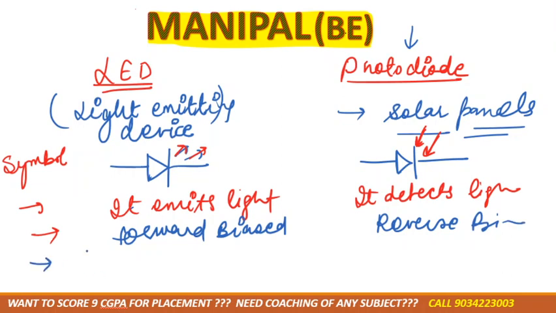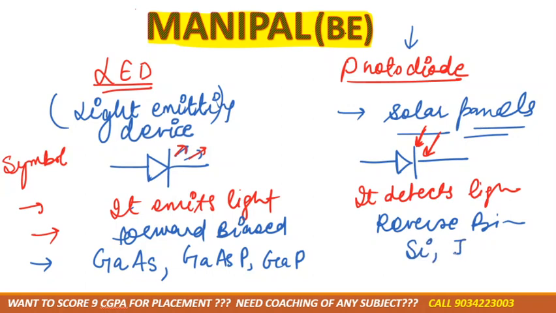LED is made up of material like gallium arsenide, or gallium arsenide phosphorus or gallium phosphorus. But photodiode is mainly made up of silicon or indium gallium arsenide. In this, leakage current does not exist.